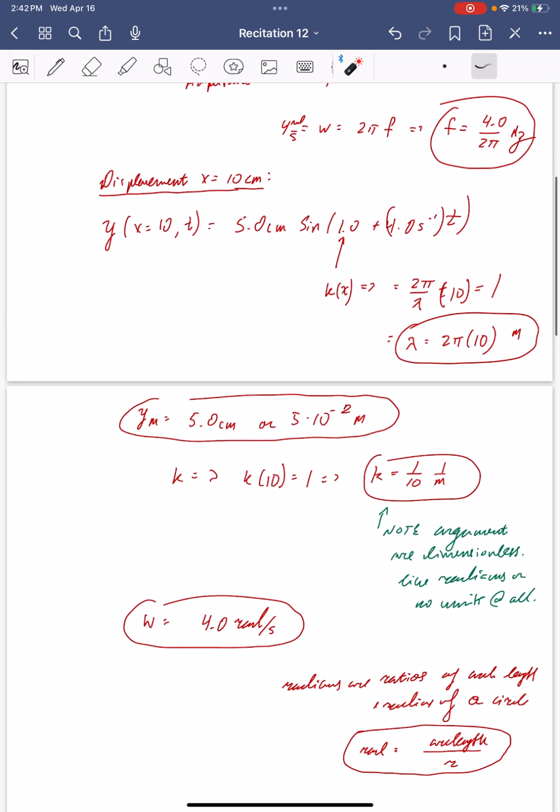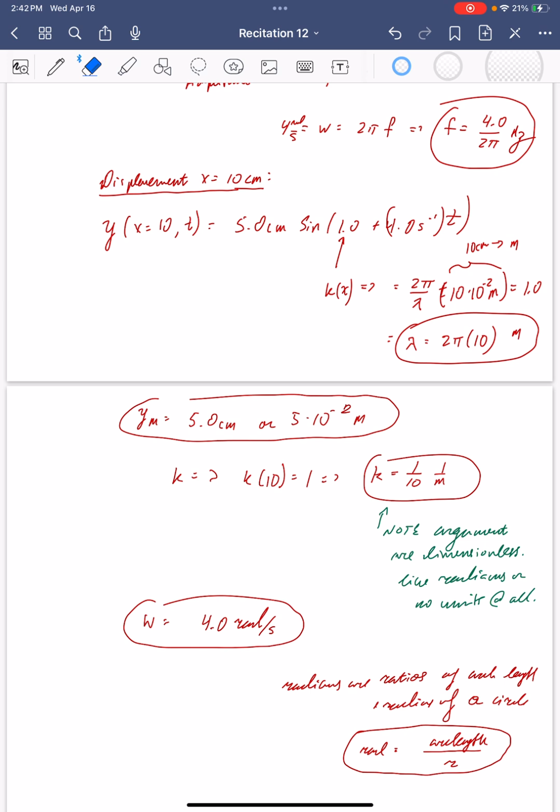So how are we going to do that here? We know that 1.0 is a constant equal to kx, and that's going to be k times x, which is 10 times 10 to the negative 2 meters. All this is 10 centimeters turned into meters. Then we set that equal to 1.0.